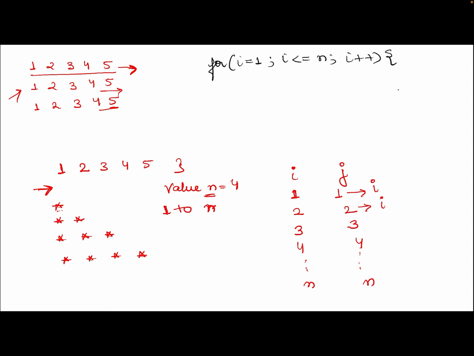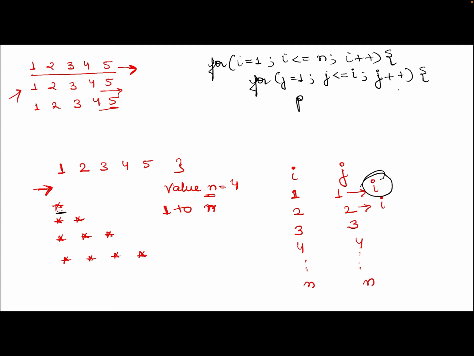Now how many times this asterisk should be printed is governed by my inner loop. So I write j is 1. And how many times should j be executed? It should be executed i times. So I write j is less than or equal to i, j plus plus.